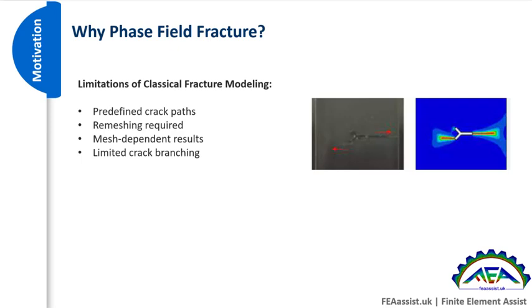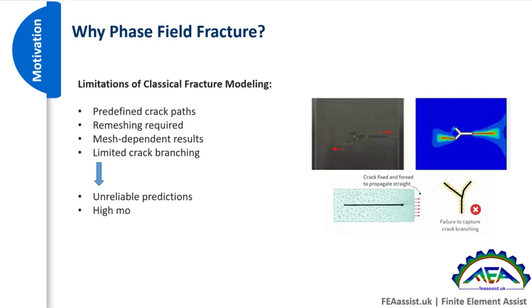And also we will have limitation in crack branching since crack moves almost straight in classical fracture models. These will lead to unreliable predictions, high modeling efforts, and poor robustness for complex fracture models.